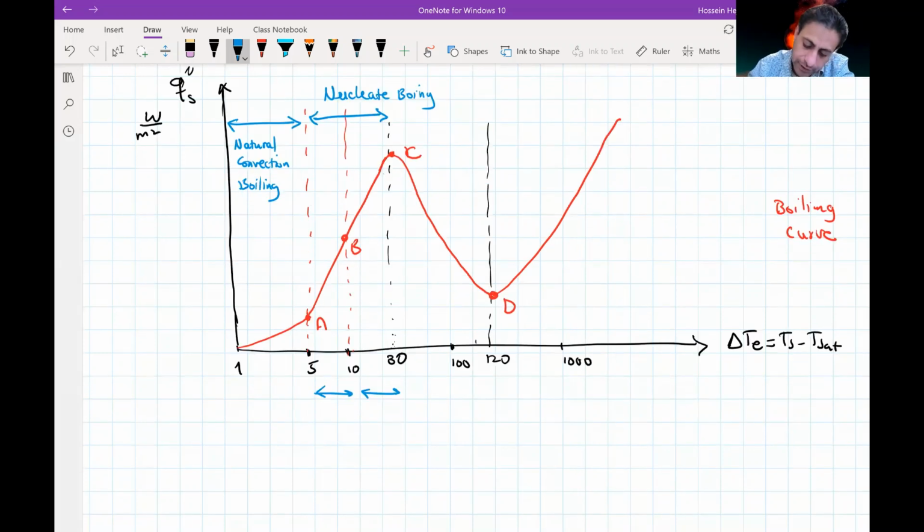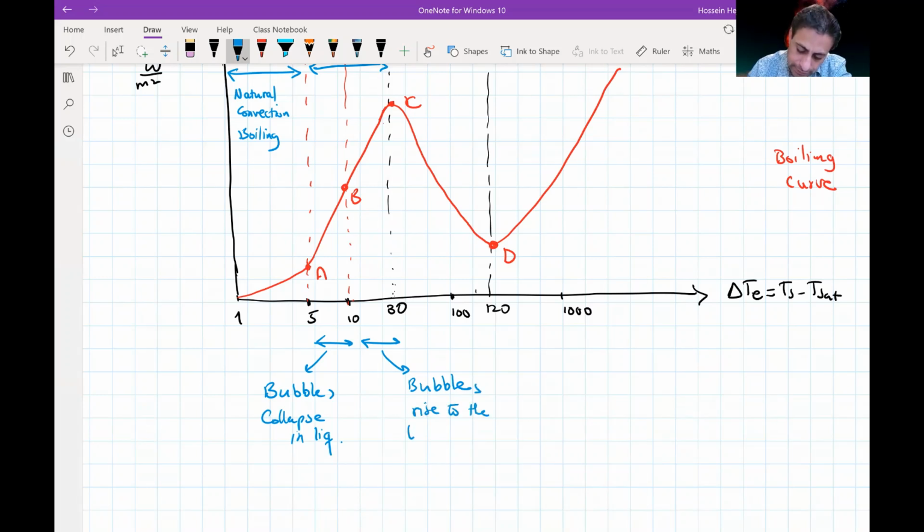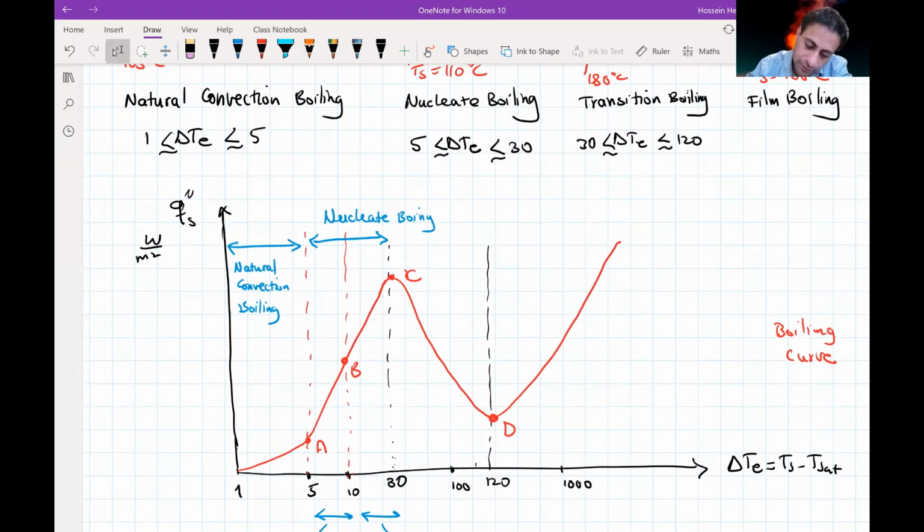In nucleate boiling, we have two different regimes that can happen. Here, the regime where bubbles collapse and condense back in the liquid, and between 10 and 30 is the place where bubbles rise to the liquid free surface at the top. So these are the two parts of nucleate boiling.